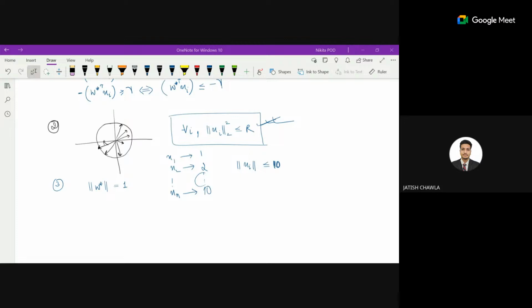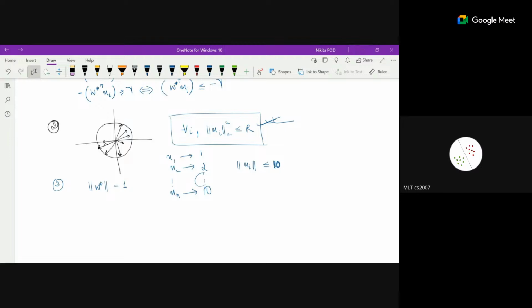I will not go through the proof that the perceptron algorithm converges, but please go through the lectures, and next time when we meet, you can let me know if there is any issue with that. It's not a very difficult proof, but you should see it.